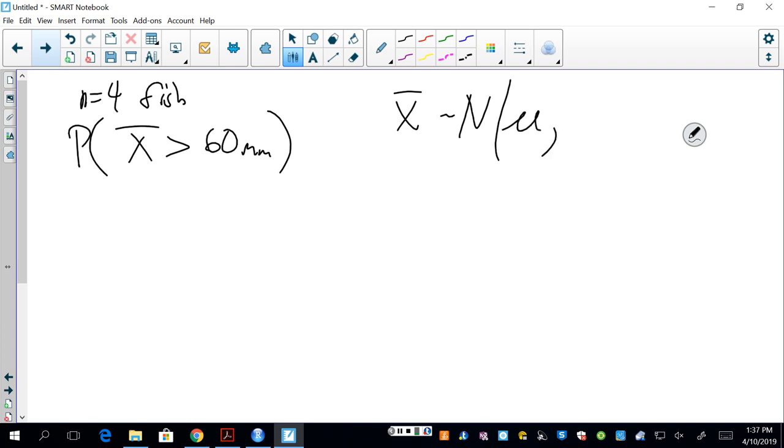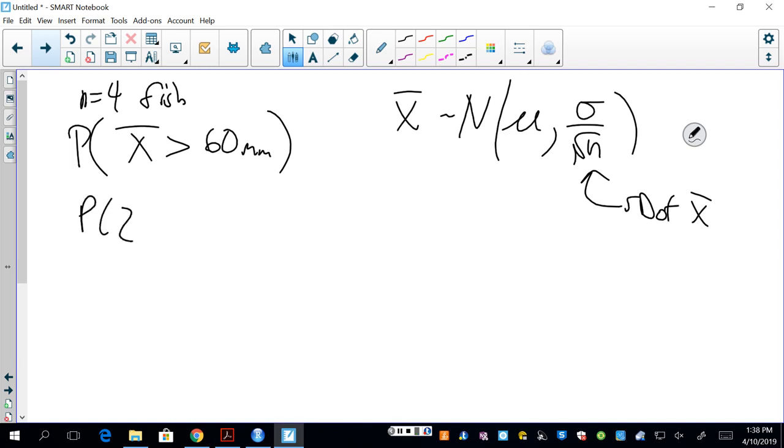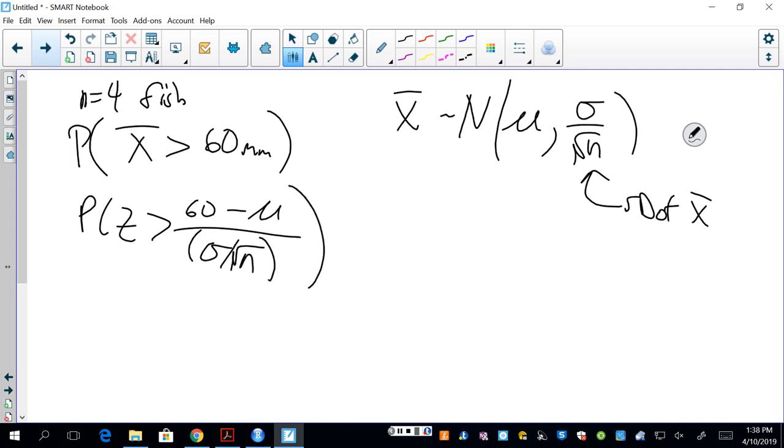It's centered at the same thing as before, but its standard deviation is sigma over the square root of n. That's the standard deviation of X bar. So when you z-score 60 minus the mean, you're going to have a different value down here for the standard error, and then go through the same process of calculating a tail area. Averaging creates the different variance in there.